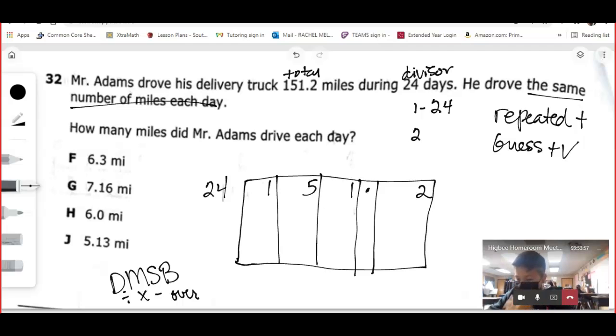What would be my second multiple? 48. 48. 72. 72.